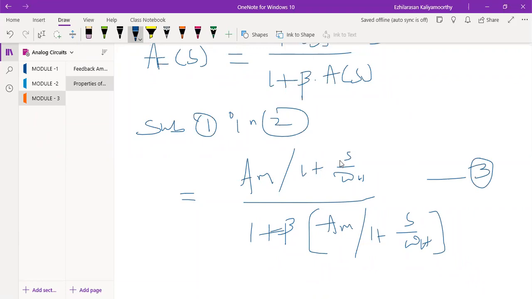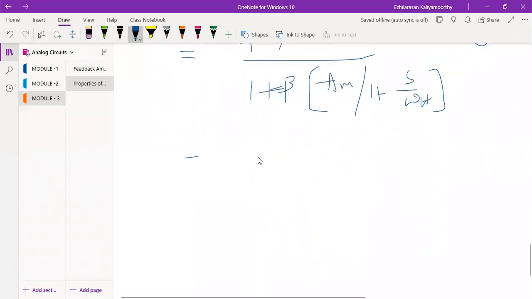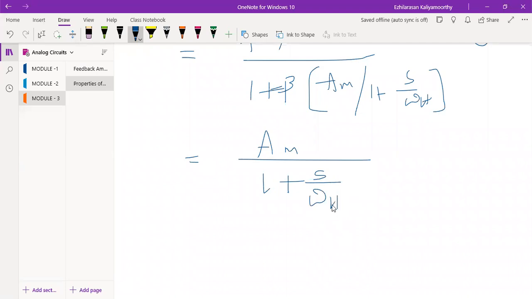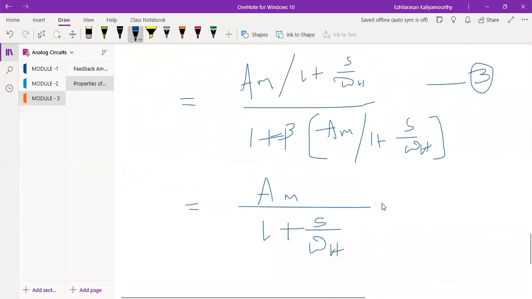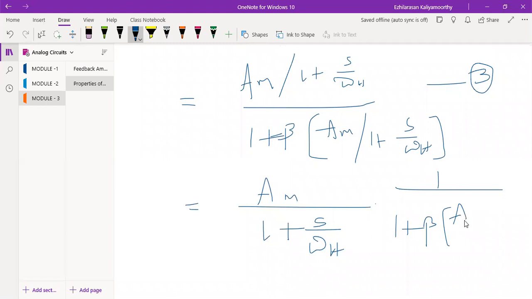For our reference, let us take it like this: AM divided by 1 plus S by omega H, this is our numerator term, into 1 divided by 1 plus beta into AM divided by 1 plus S by omega H. I am separating the numerator and the denominator. This is the expression number 4.